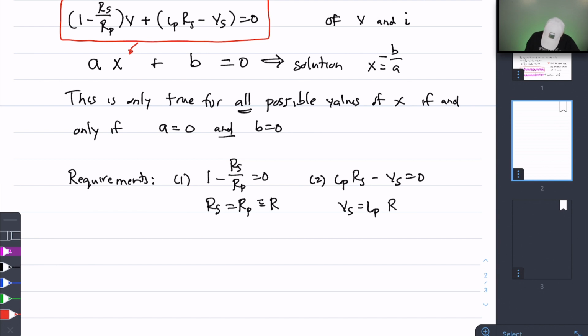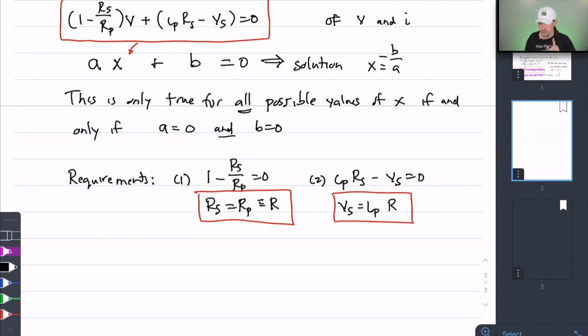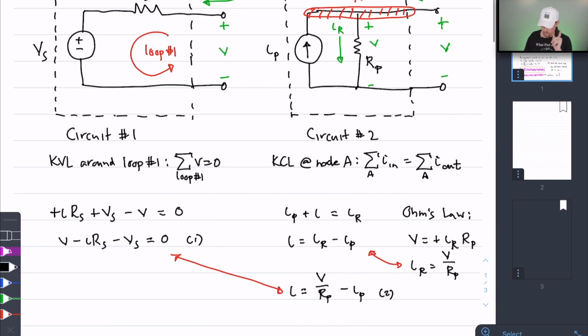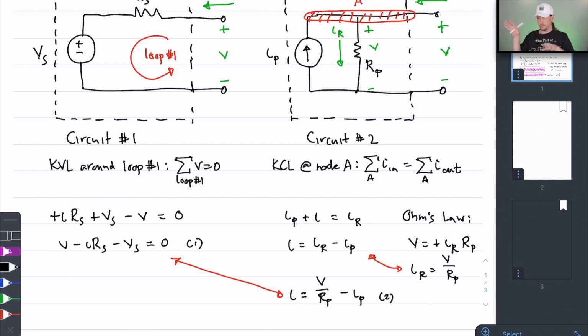So this is important enough to box. Notice again, this looks like Ohm's law, that second equation. It is not Ohm's law, because V sub S and I sub P refer to completely separate circuits. They are sources in circuit number 1 and in circuit number 2.